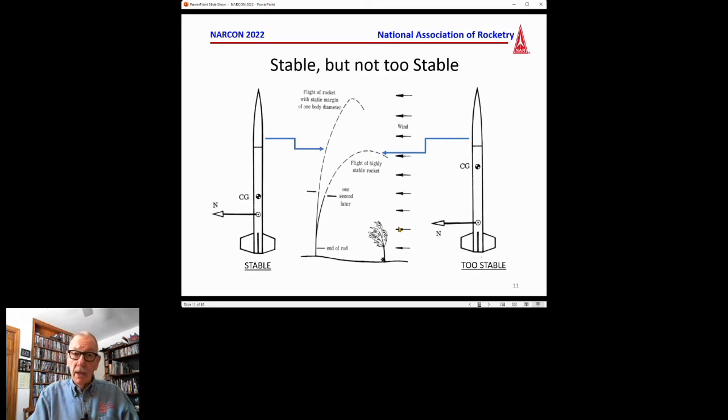And therein lies the key to designing a successful rocket from a competitive standpoint, in that you want the maximum performance out of your rocket, and that means to minimize the response to winds and making sure that it flies as straight and straight up as possible.